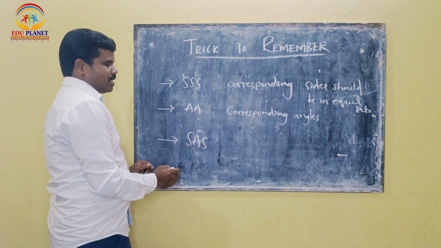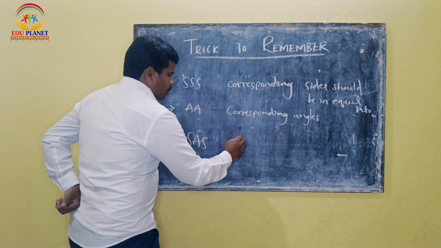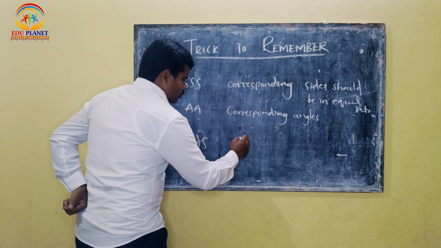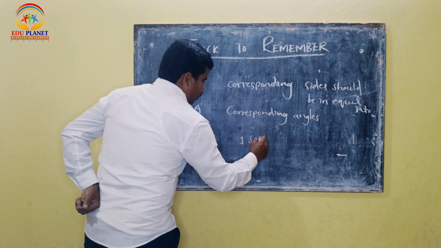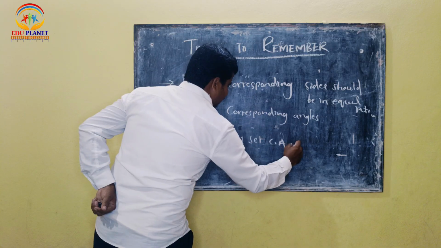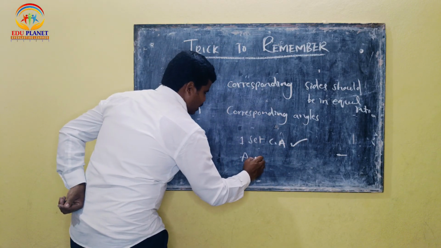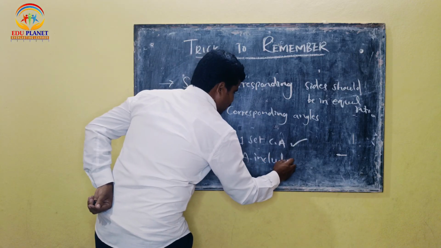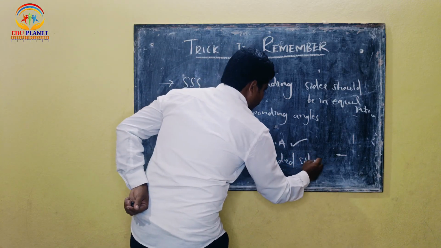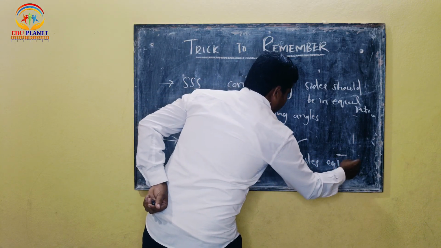SAS criteria means one set of corresponding angles should be equal, and the angle-included sides will be in equal ratio.